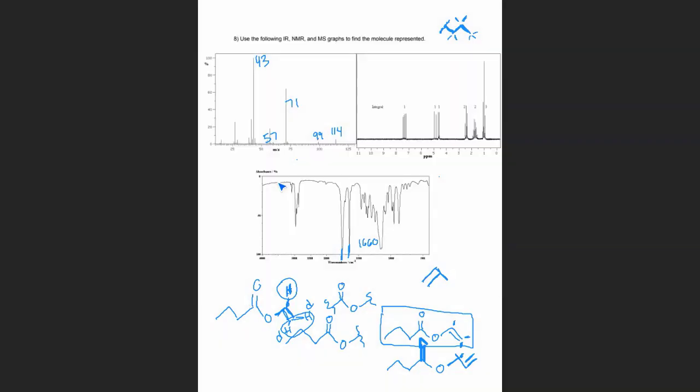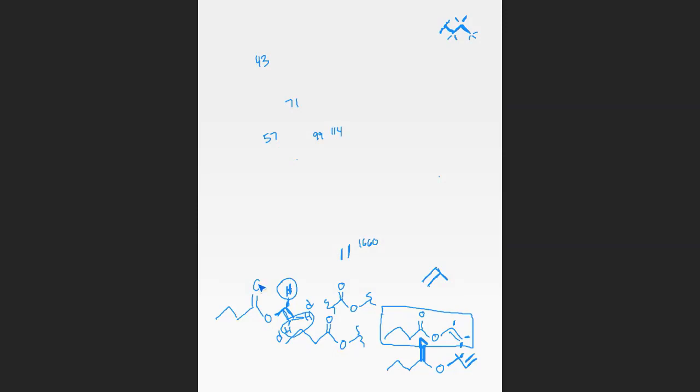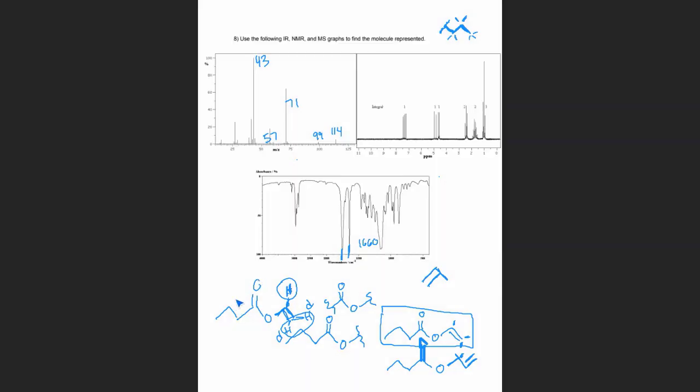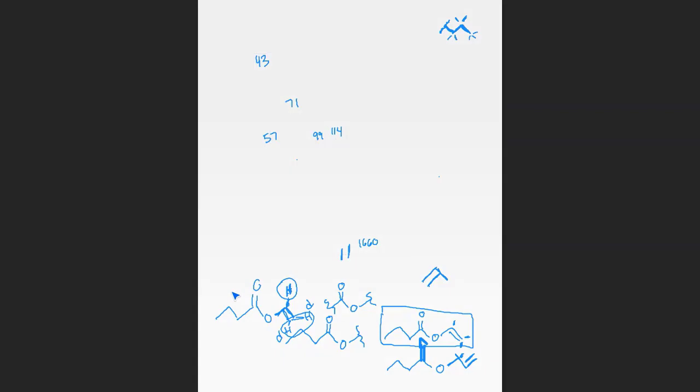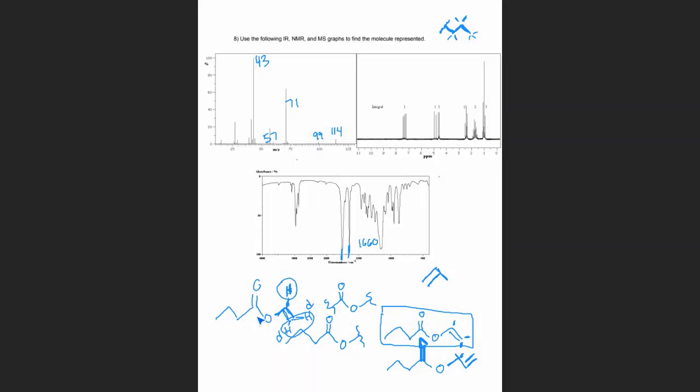57, you just lose 57. Since 57 is either a 4 carbon chain, however, we don't really have that here.